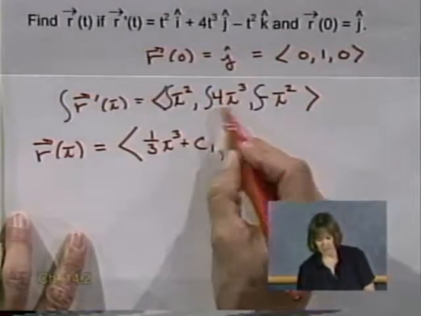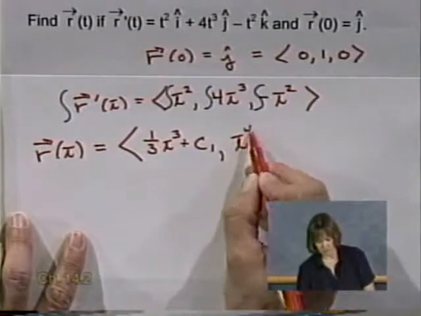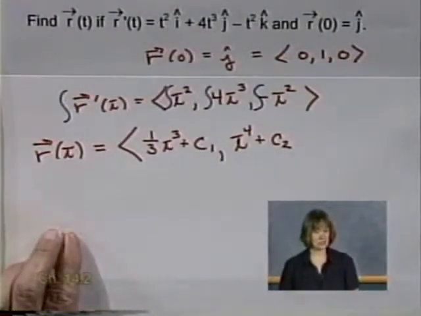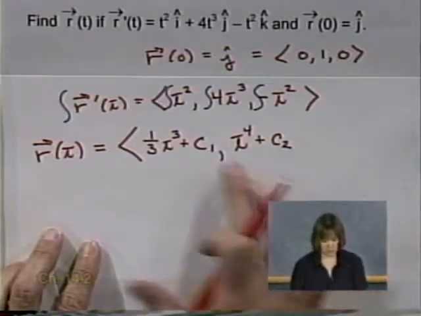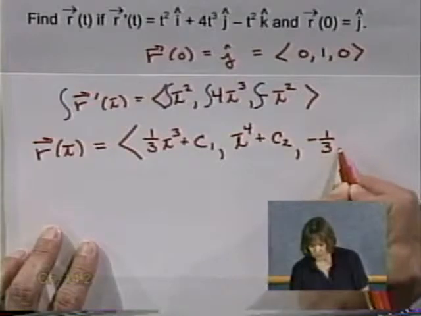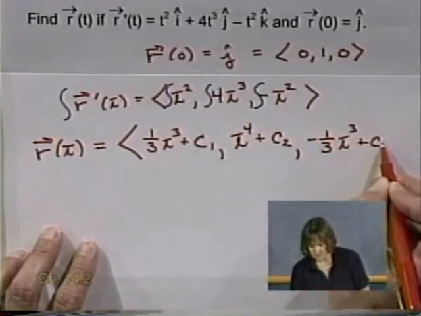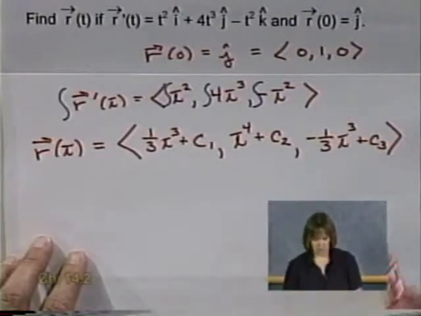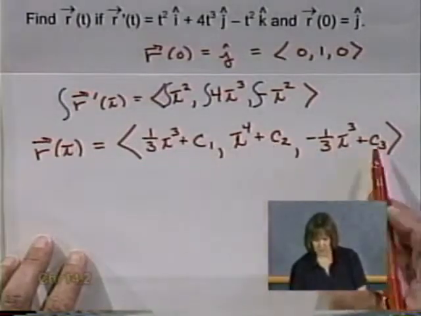The second one, if I integrate 4t cubed, I get t to the 4th plus some other constant, which I'm going to call c2, because nobody knows for sure if c1 and c2 are the same. And if I integrate the third one, I get minus 1/3 t cubed plus some other constant. So we have to find out what are c1, c2, and c3.